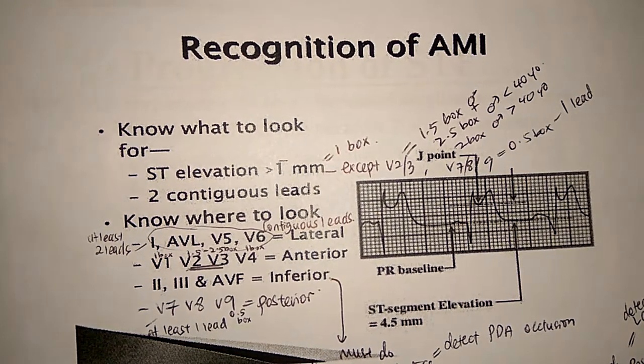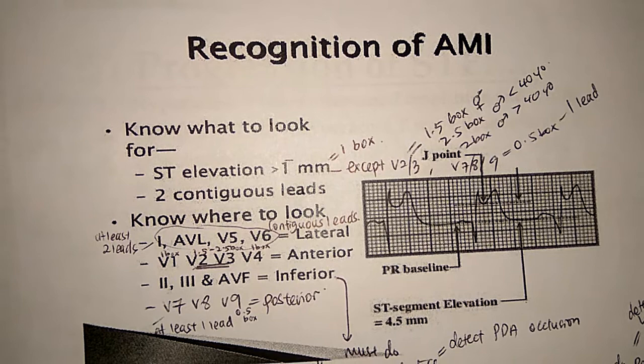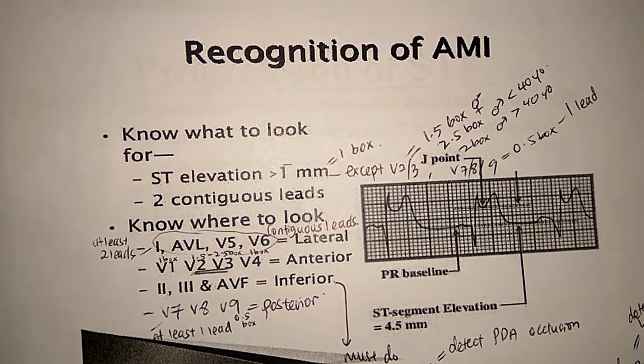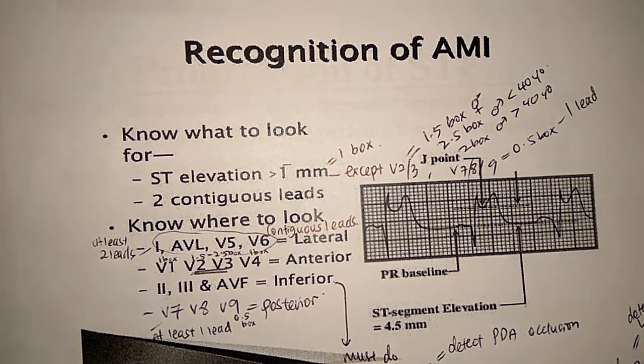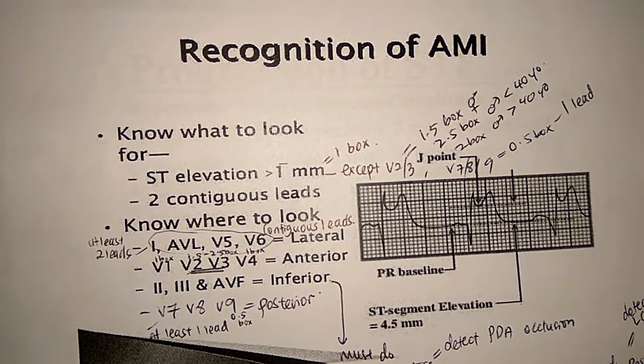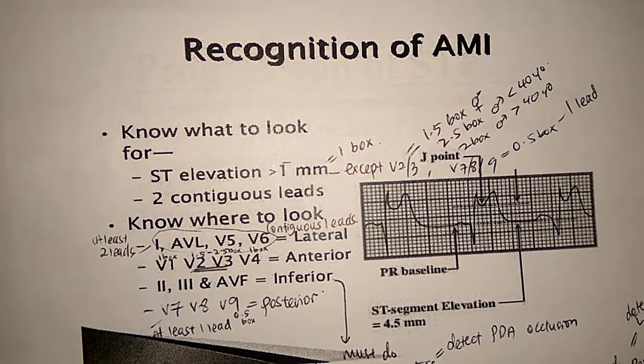And also, the ST elevation equals to 1 box. ST elevation equal to or more than 1 box is enough, as in all leads except for V2, V3.